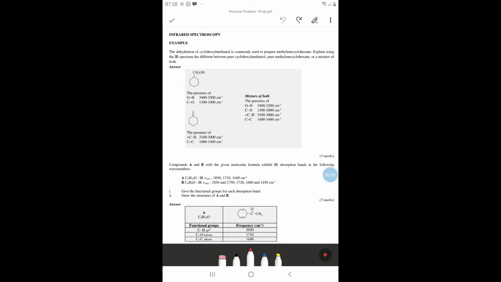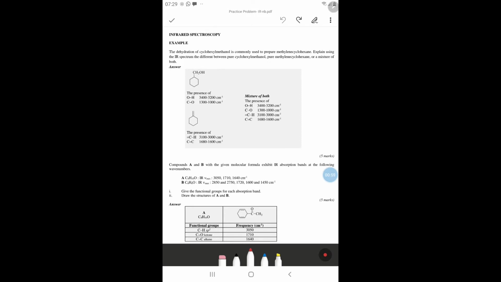Not only do you need to refer to the correlation chart, you also need to understand some of the simple reactions, what the conversion is from a starting material to the product, and then relate what the changes are in the IR data.